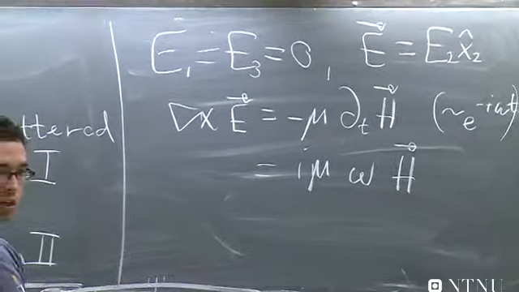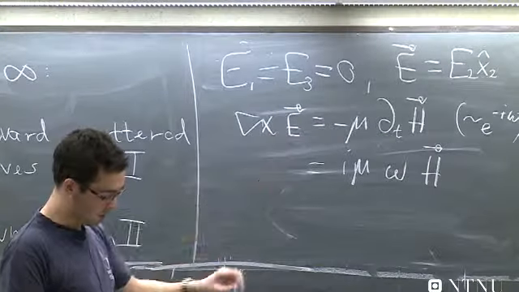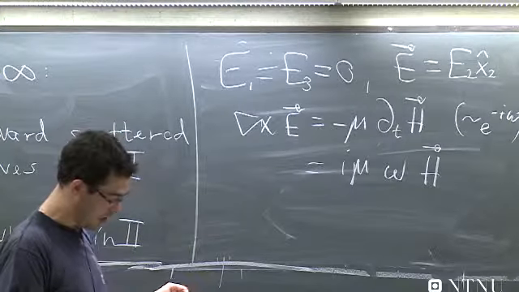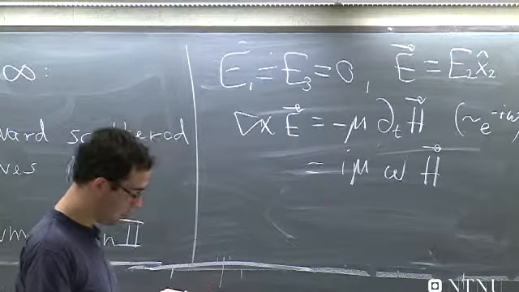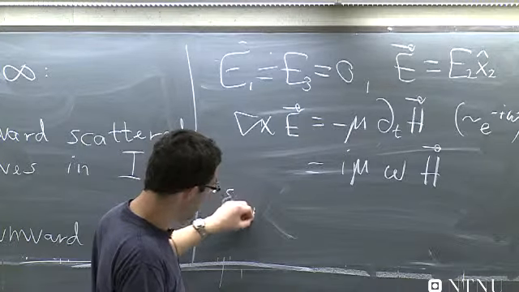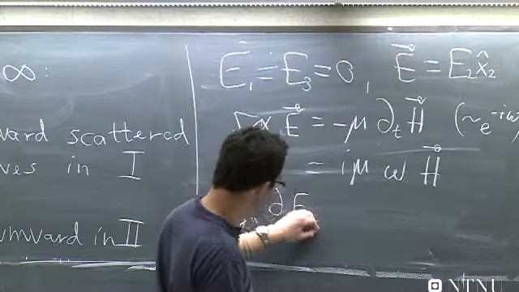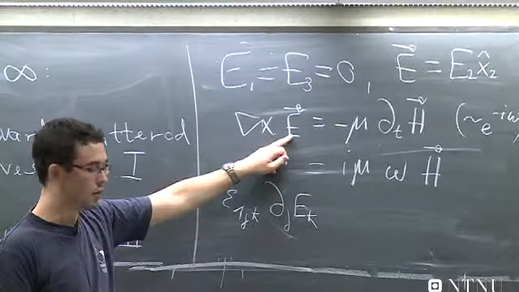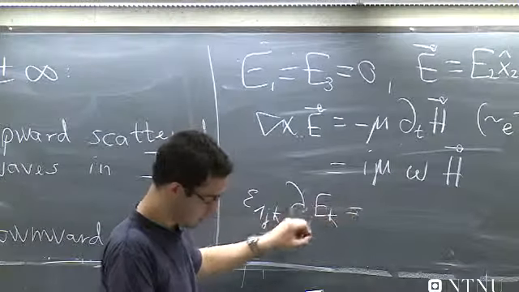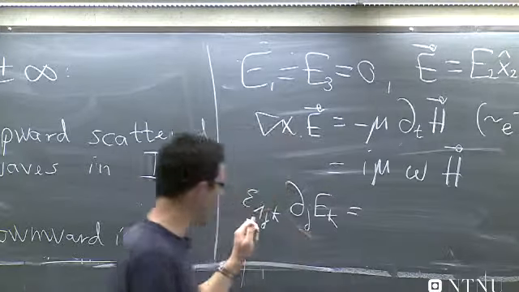And now what is this E? Since there's only one component to this, it should be quite easy to calculate the curl of it. And let's see what the first component of the curl is. Epsilon 1 j k d_j e_k. That's the first component of this vector, right? So that's going to be the first component of this vector with some constants. That is 1, 2, 3.